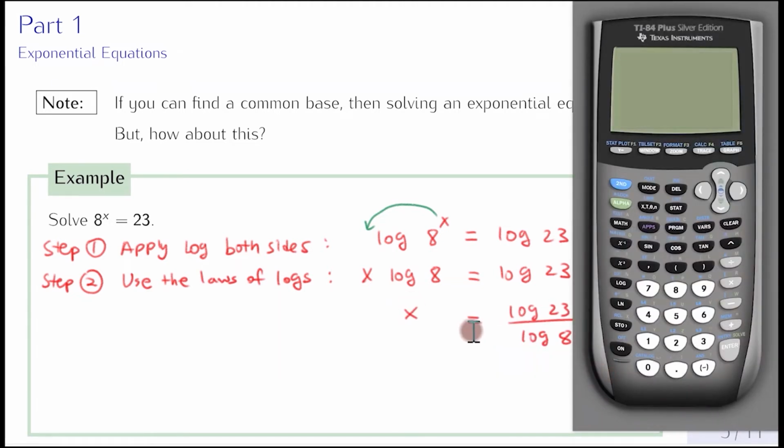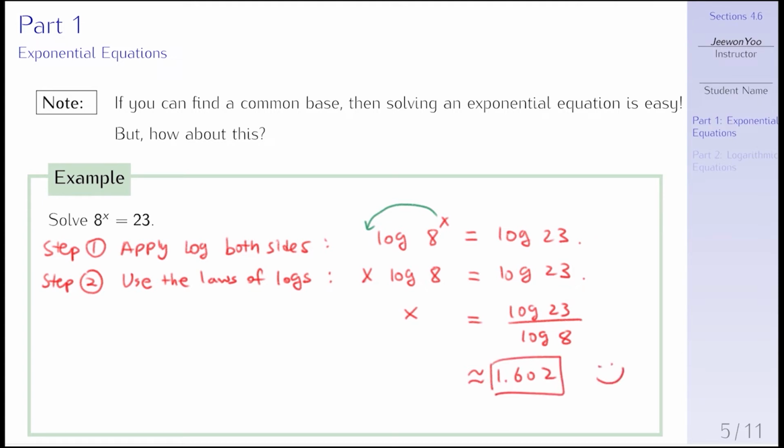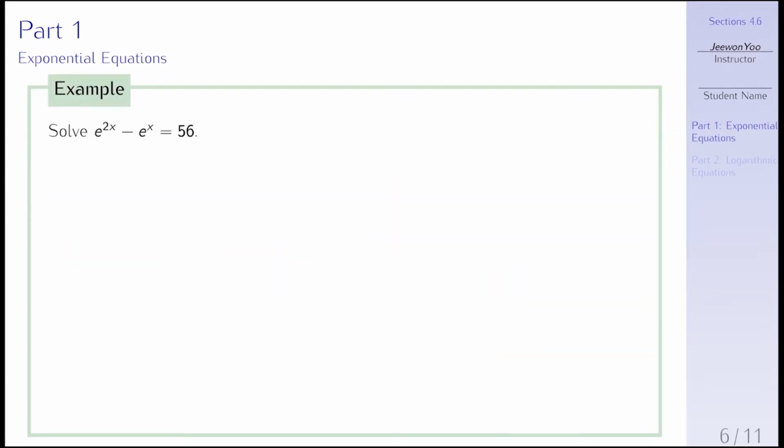To evaluate x, which is log 23 divided by log of 8, you just use your calculator. The answer is 1.6 and so on, so maybe 1.602 might be a good one. Let's move on to a little bit harder example.